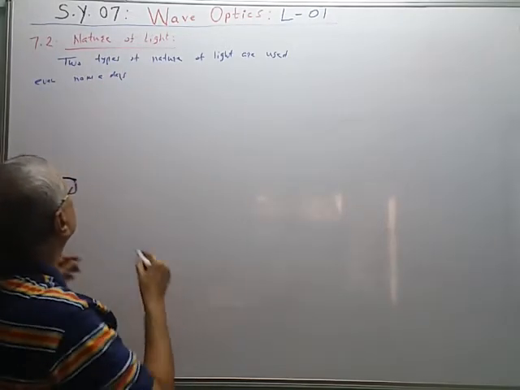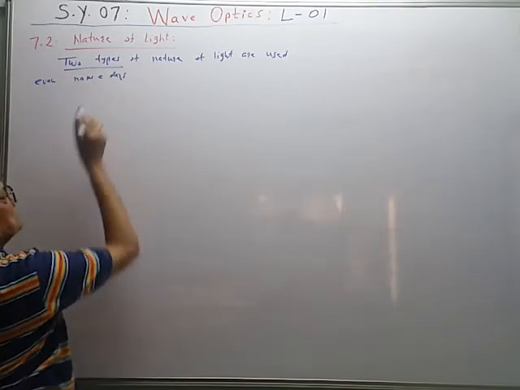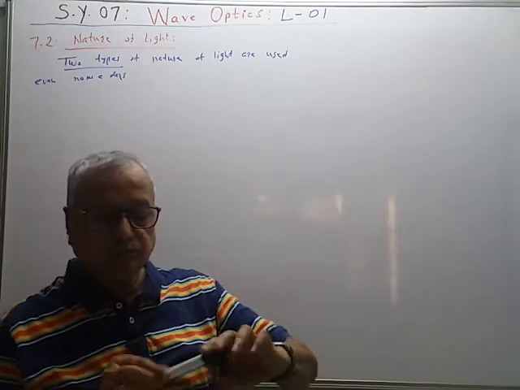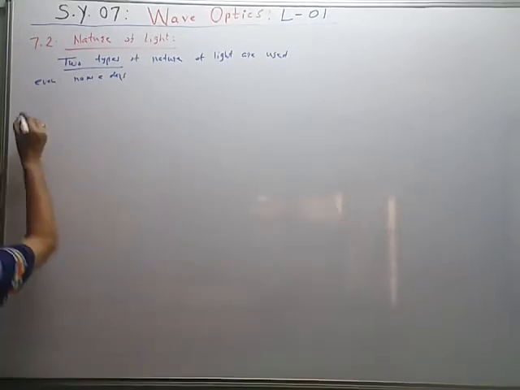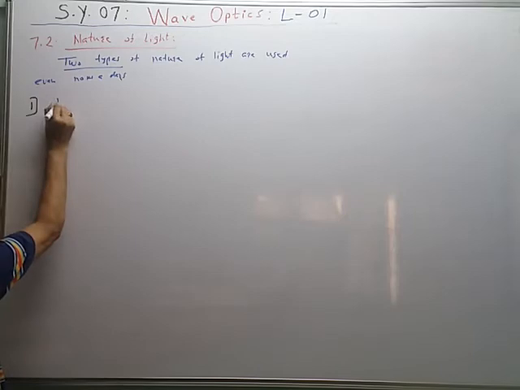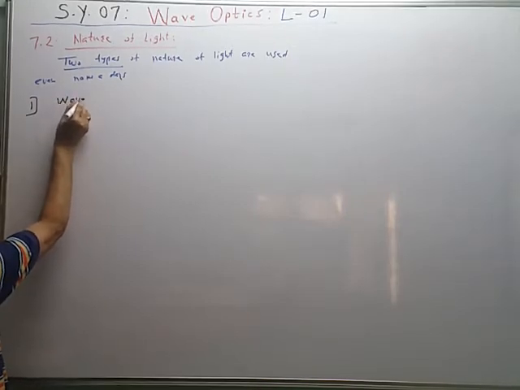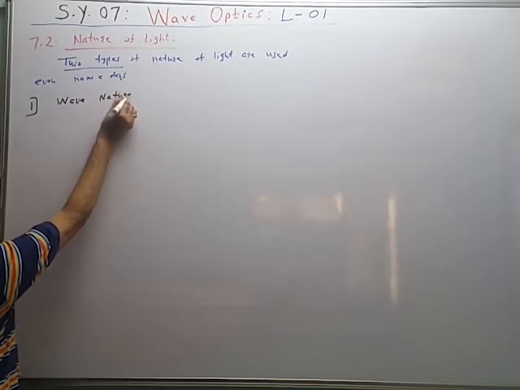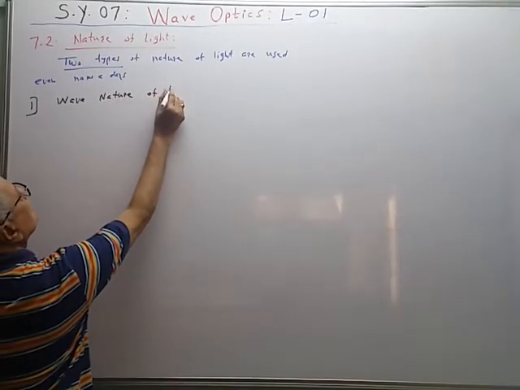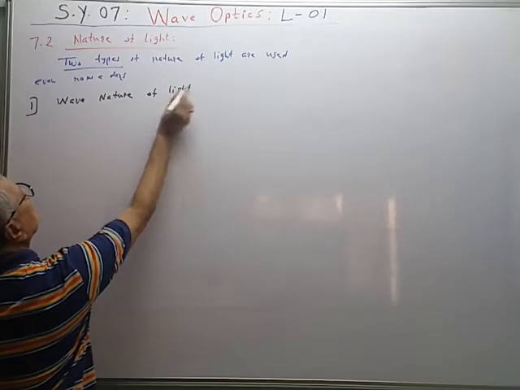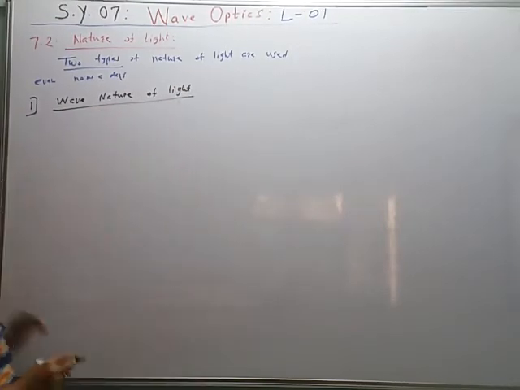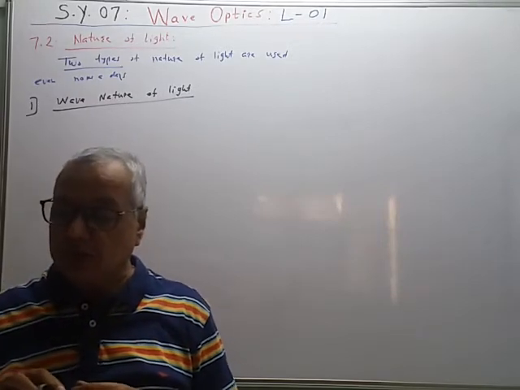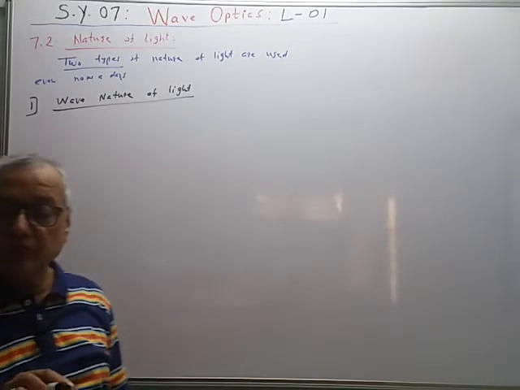The types are like this. One, wave nature of light. The name itself suggests that light is traveling in the form of electromagnetic waves.